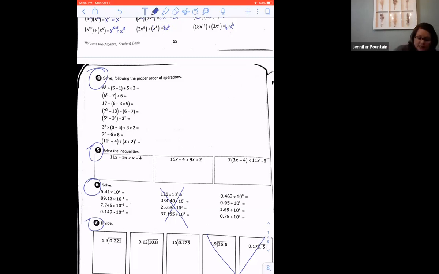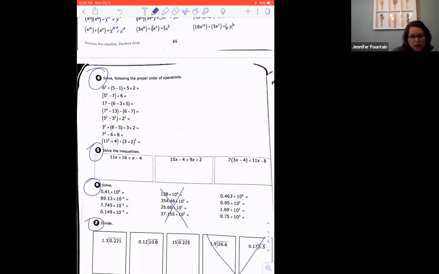On the left-hand side, I have 5.41. Underneath that is 8.913. Then I have 0.07745. And then the last one in that column is 0.000149.